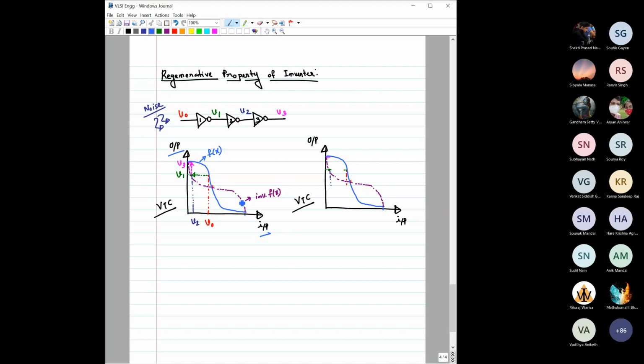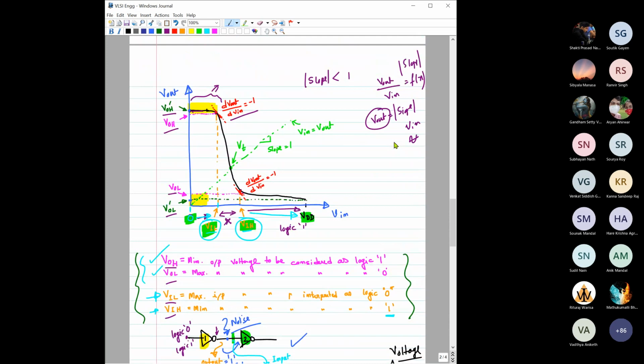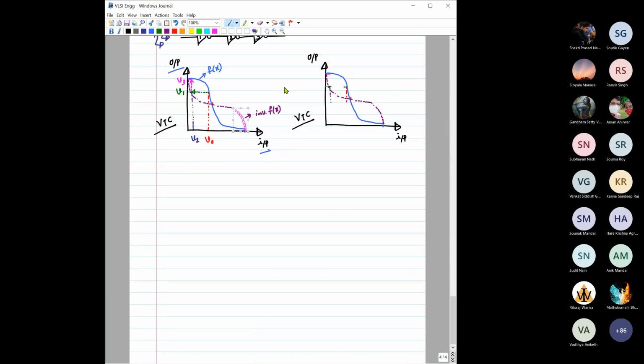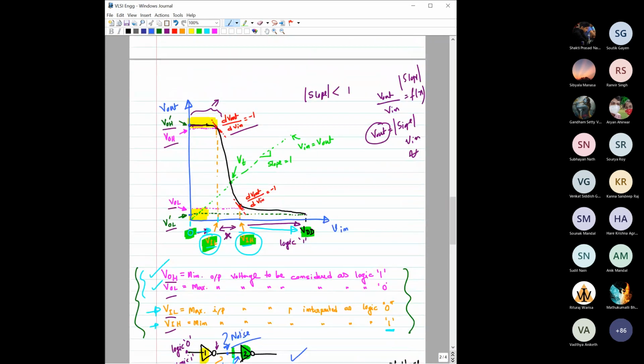I think I missed one point in the last page, so let me tell you that and then come back here. There is one more very important point, called this VT. You know what this VT stands for? It stands for threshold voltage.